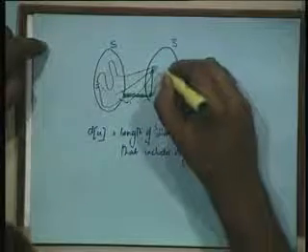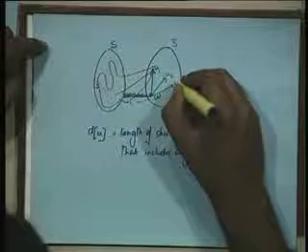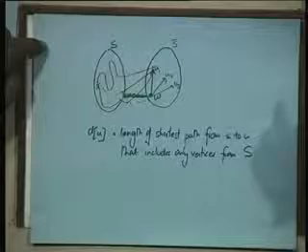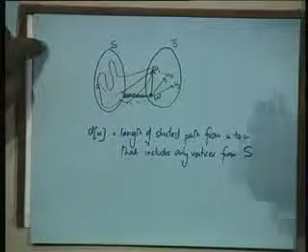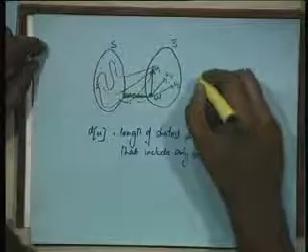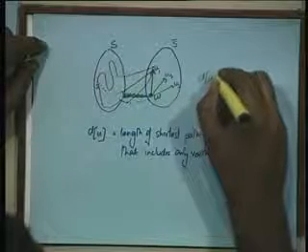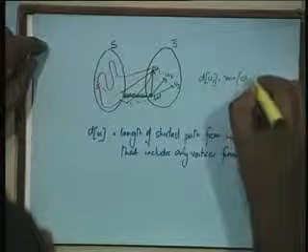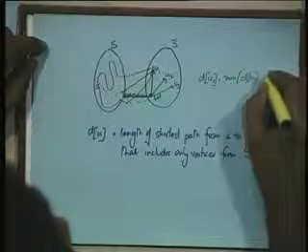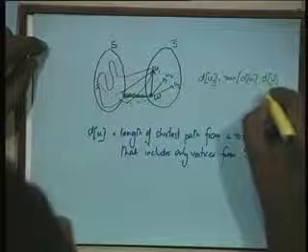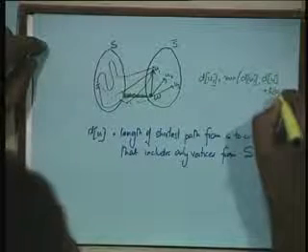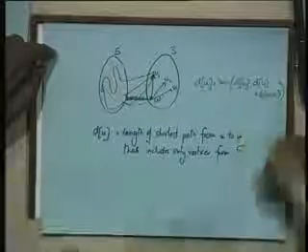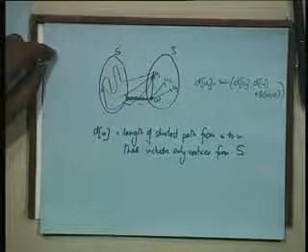Let us say u1, u2, u3 are the 3 out neighbors of W, right. So, we are going to update u1 to D of u1 equals minimum of D of u1 comma D of W plus L of W comma u1. Yes, this is how we are going to update.